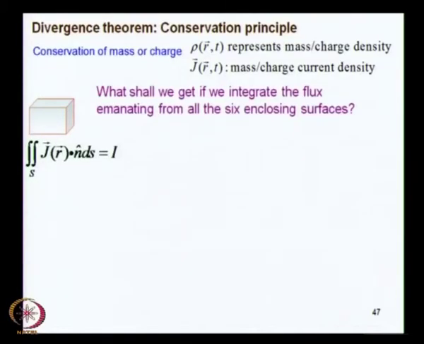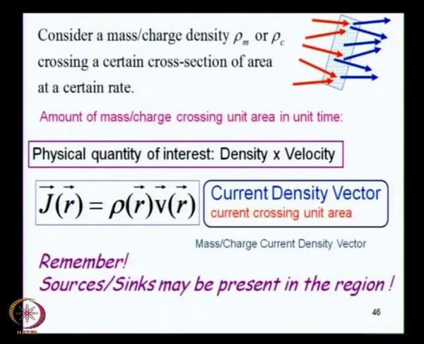So, when you are integrating the current density vector over the surface, you will essentially get the current, because the physical quantity which the current density vector is, which we have seen, is the quantity of either mass or charge crossing per unit area per unit time.